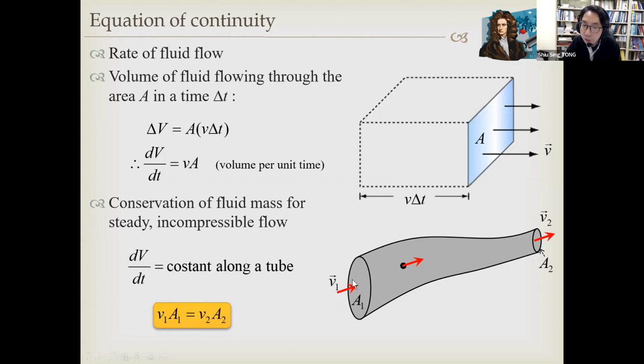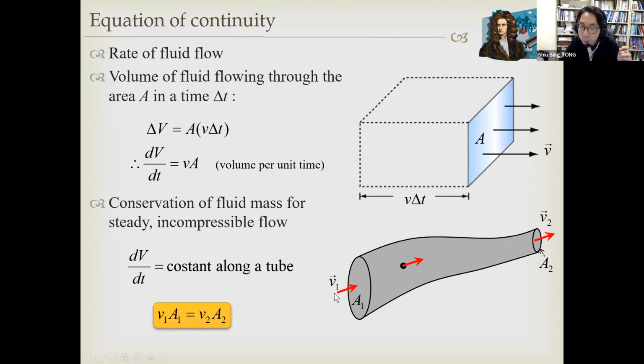Now, if I consider, for example, the flow of a liquid through a pipe with varying cross-sectional area. Suppose here at this side, the cross-sectional area of the pipe is A1, and on the other side, the cross-sectional area is A2. So the liquid will be confined here inside the pipe.